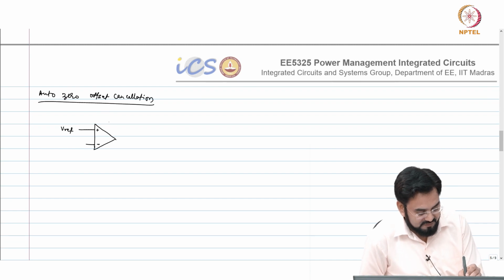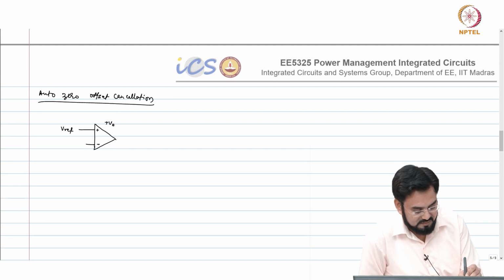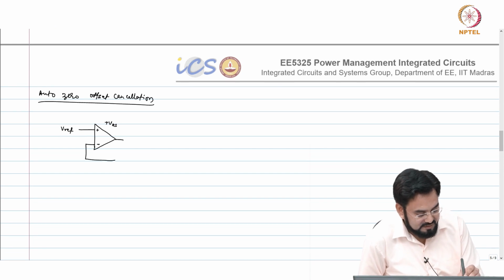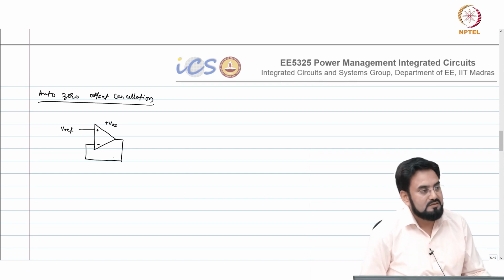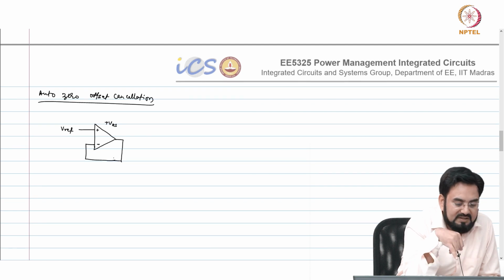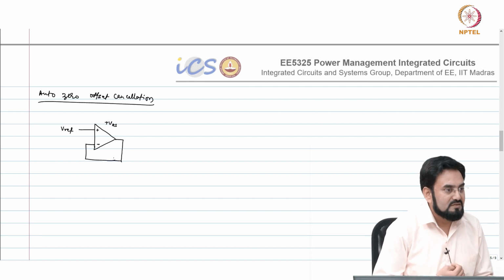So if it has an offset of, let's say, plus VOS, and if I connect it in the feedback, what would happen? VREF plus VOS. Where will this output go? This will go to VREF plus VOS.